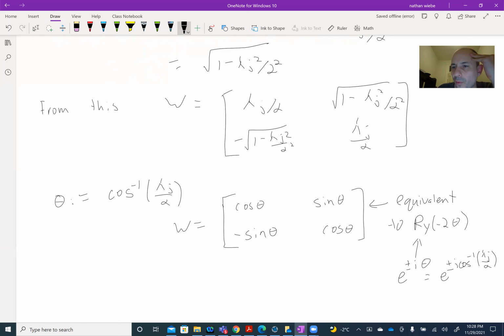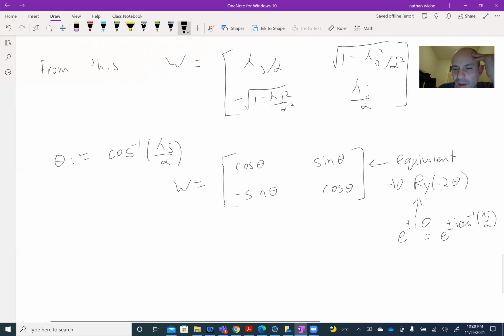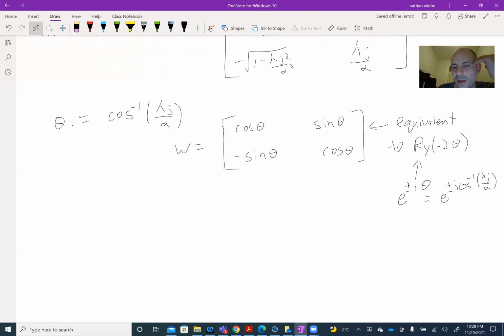Okay, so what this ends up meaning is that this verifies our claim about the eigenvalues of the W operation constrained inside this particular subspace.